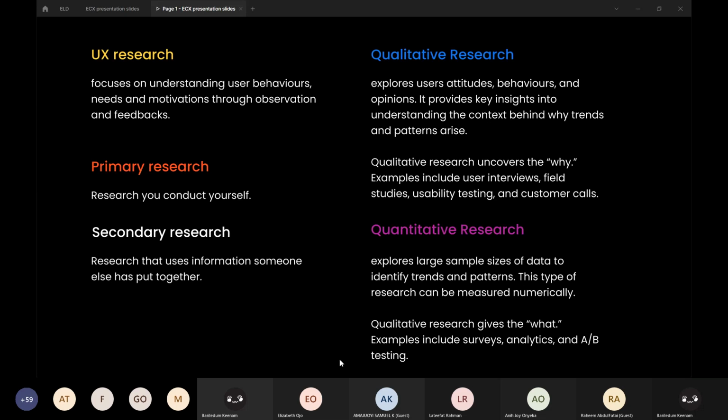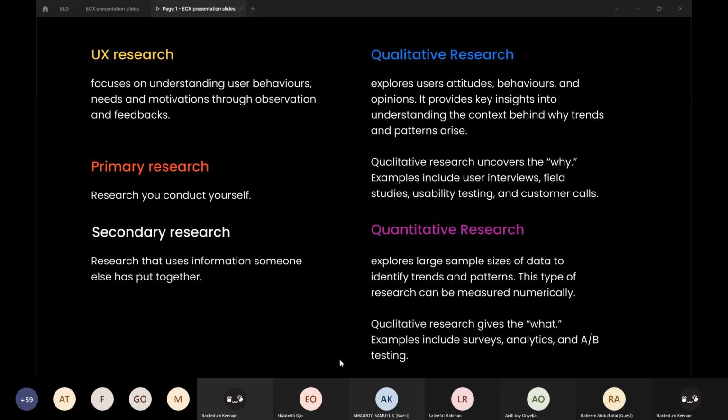Qualitative research uncovers the why, or how did this happen. For instance, in a user interview, you can ask questions like, why did such a thing happen? Why don't you like this feature? What's wrong with it? Or how did this happen? Because you're dealing with a small number of users.